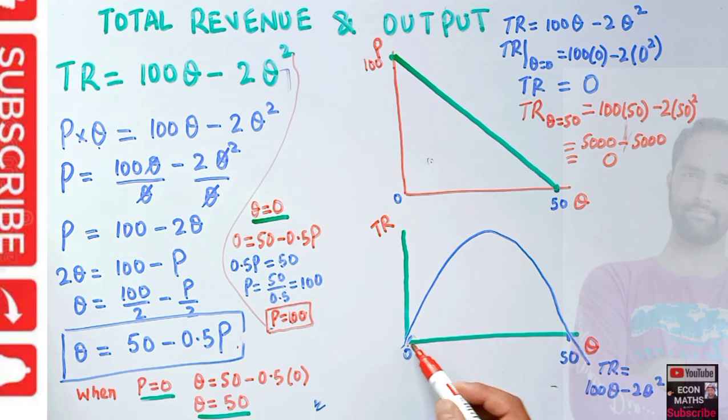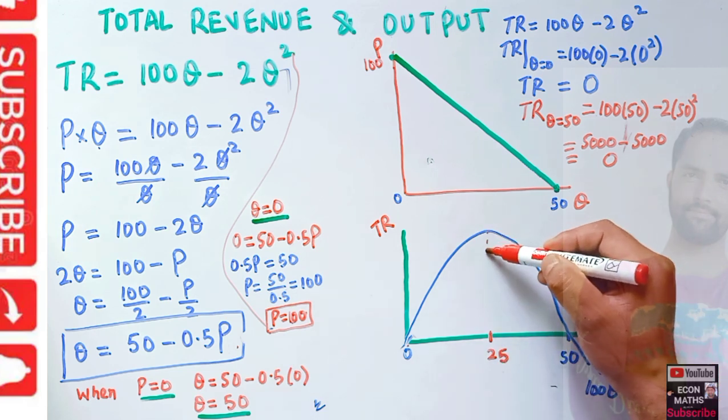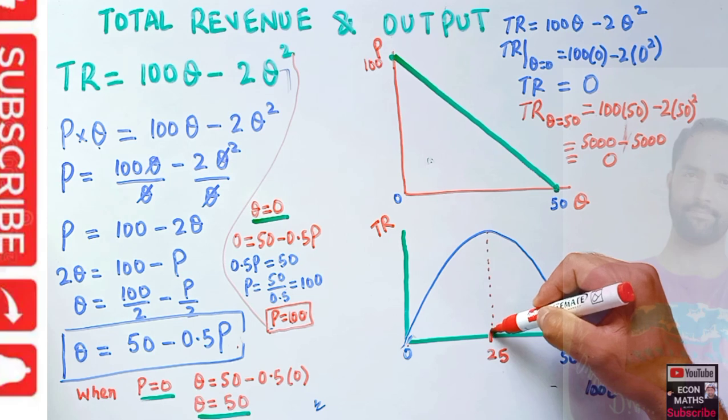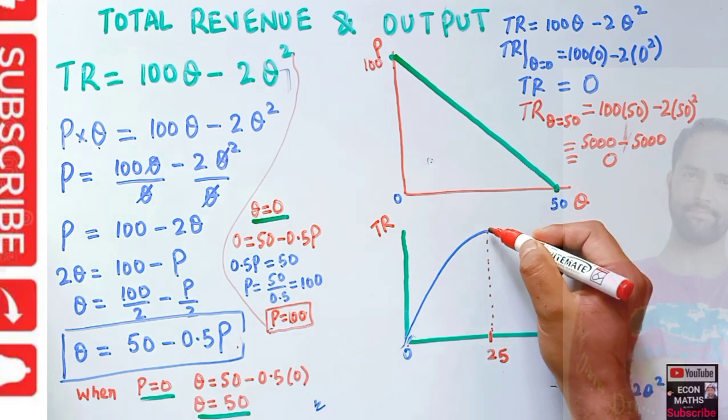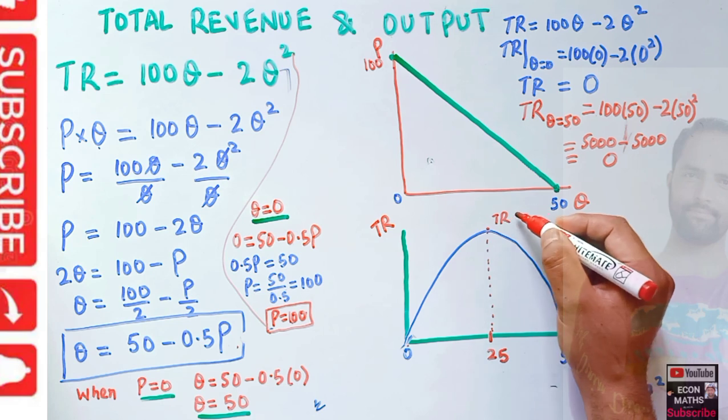That means we have 0 here, we have 50, so 50 divided by 2 will give us the middle point. That will perfectly be when output is equal to 25. Corresponding to the output of 25, our total revenue will be maximum.